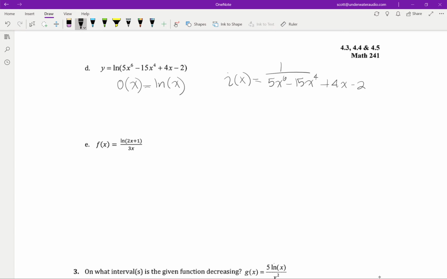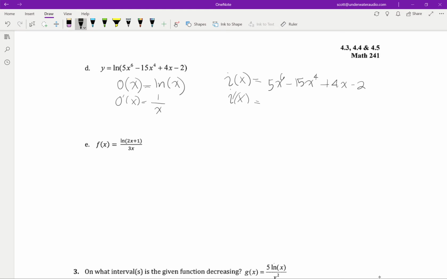Okay, derivative of the outside is 1 over x. Derivative of the inside, oh, and I don't know why I put 1 over. It's not 1 over. My bad.